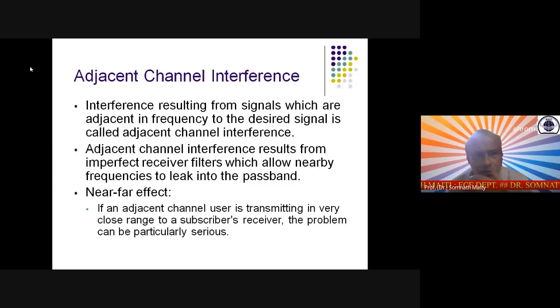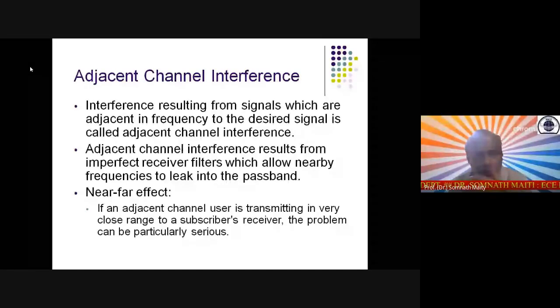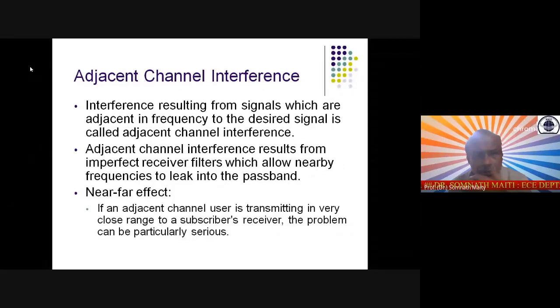If you move away from the base station antenna transmitter, you receive a weak signal. Whenever the received signal is weak, this causes interference. So this is the near-far effect. This is an important effect causing interference.